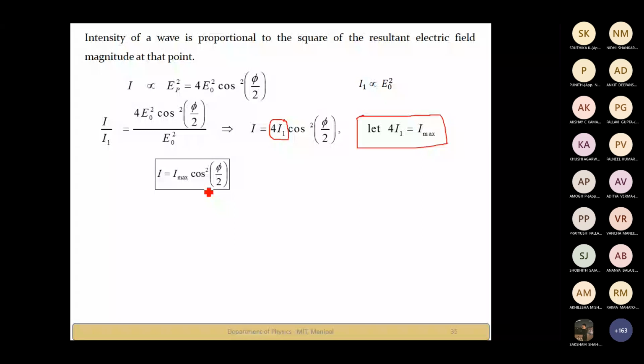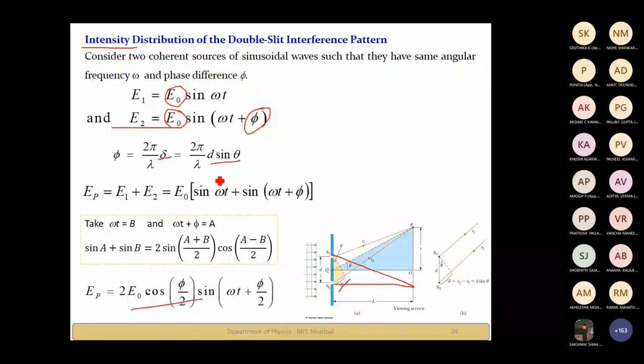So we'll see how this equation works. Before that, we can have various forms of this equation. We all know that phase difference is related to path difference, from the previous equation. So we can write phase difference is equal to 2 pi by lambda into the path difference. In this case, it is phi by 2, so the 2 gets cancelled, and we are left with pi d sin theta by lambda.